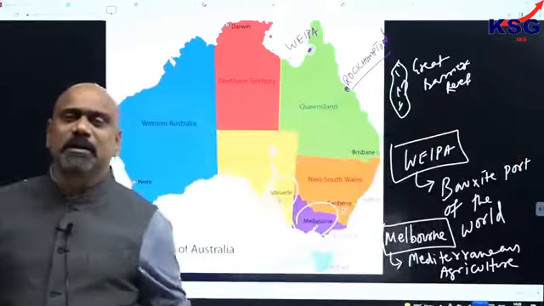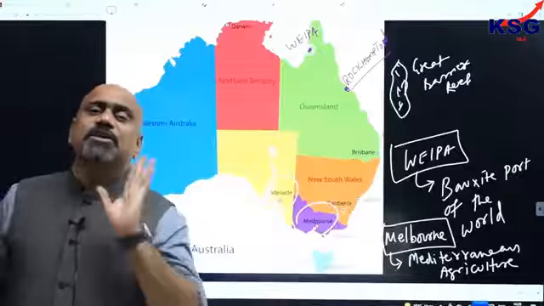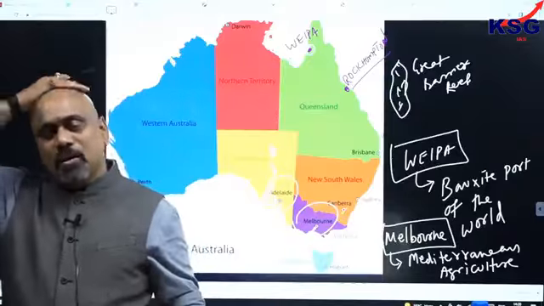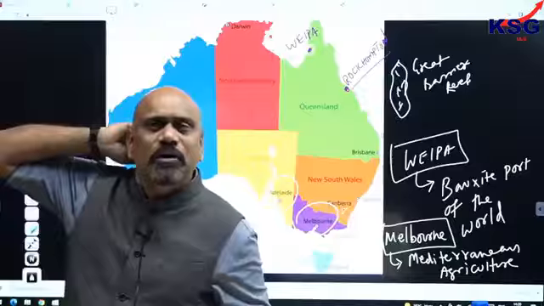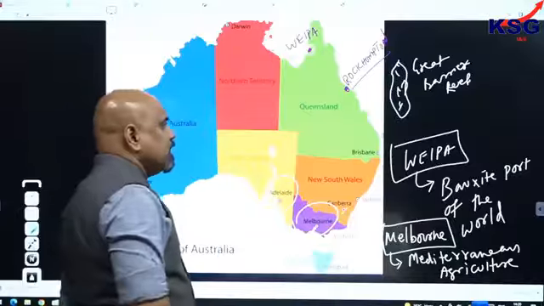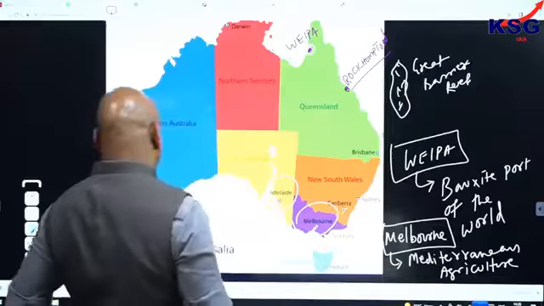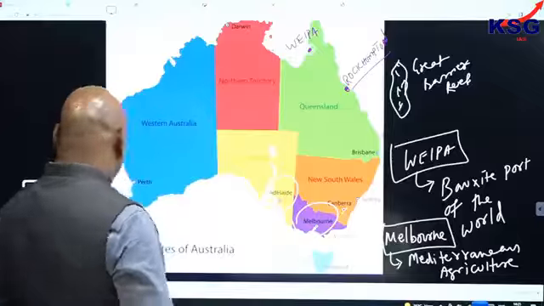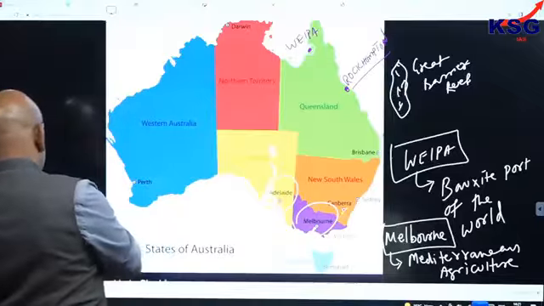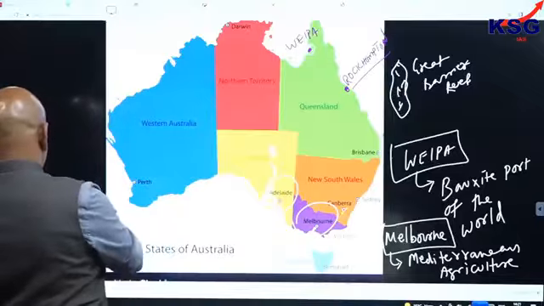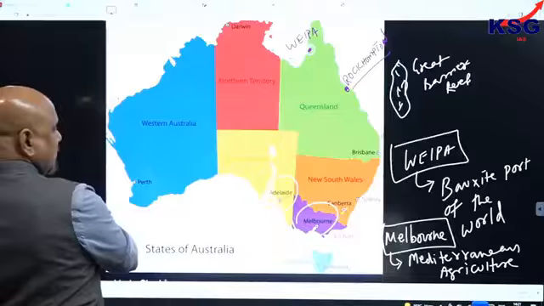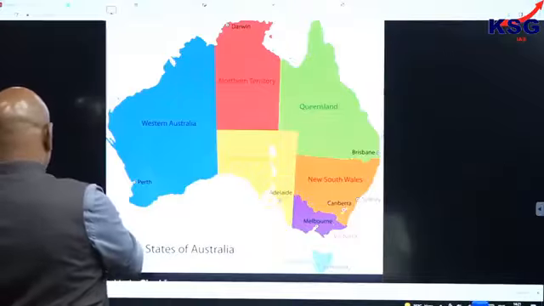What is Mediterranean agriculture? Like citrus fruit cultivation. Fruits like orange, lemon, you have grapes, etc. They cultivate citrus fruits here. Okay.